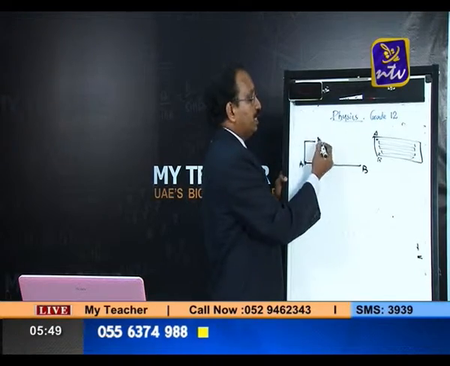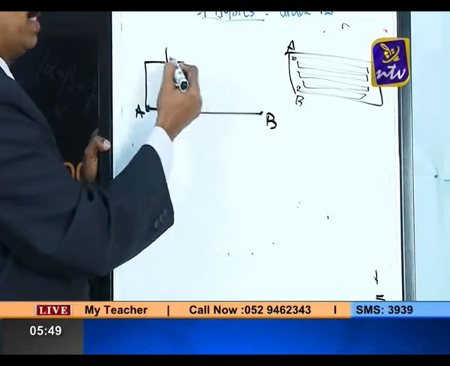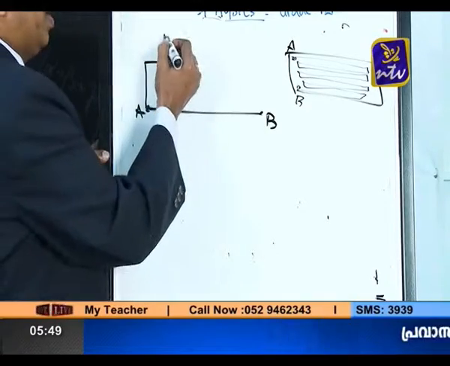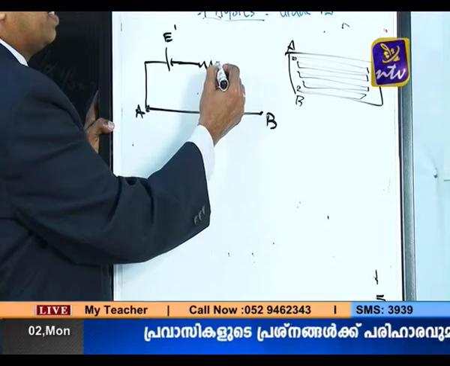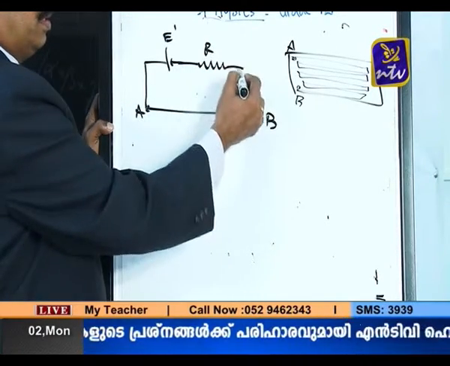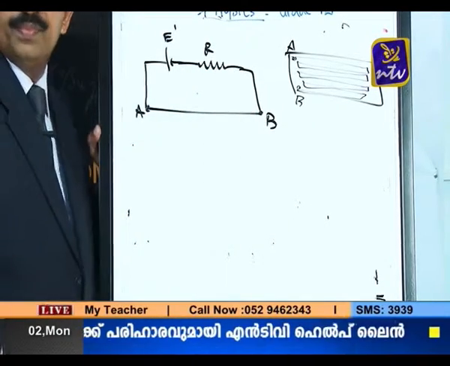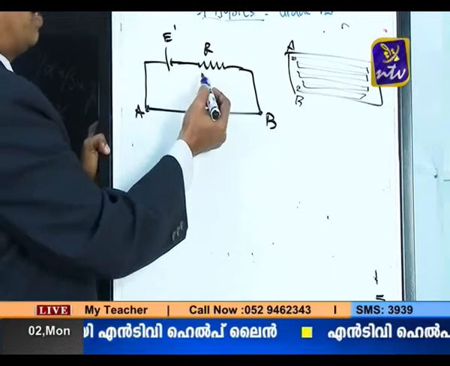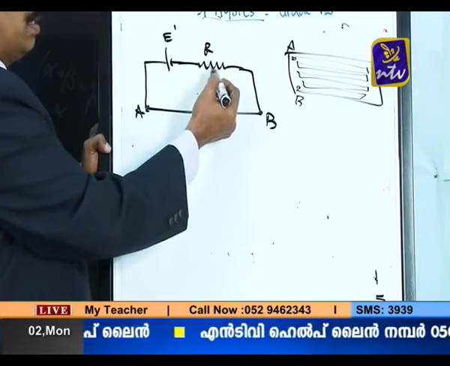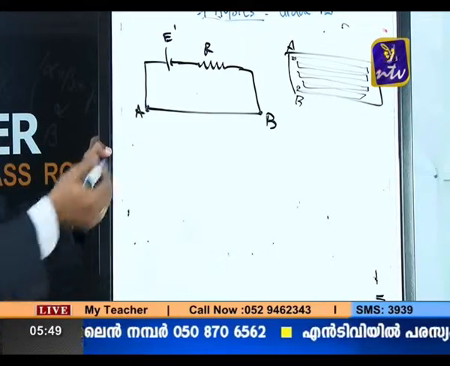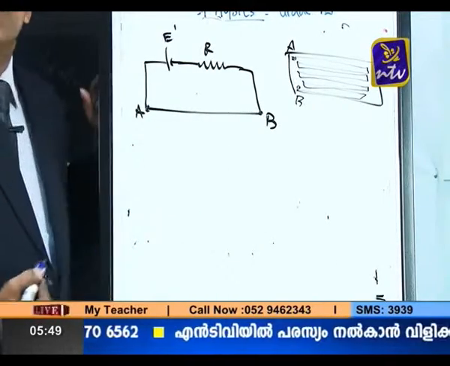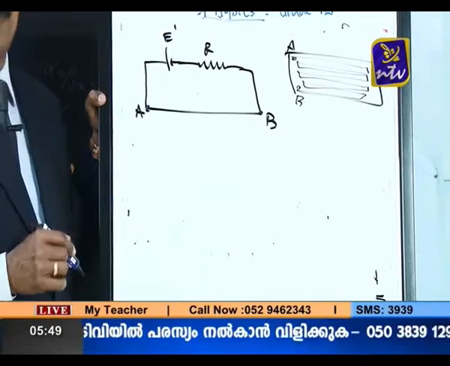Now this wire is connected to a cell of EMF, let's say E dash, and there may be a resistor R. This resistance may be used to control the current through the wire AB. This circuit, when you draw it like this, is called the primary circuit.